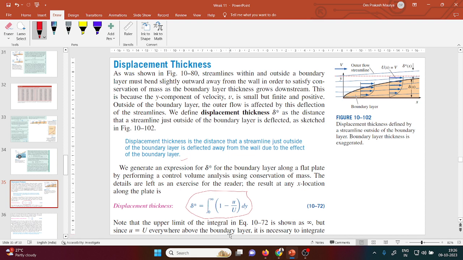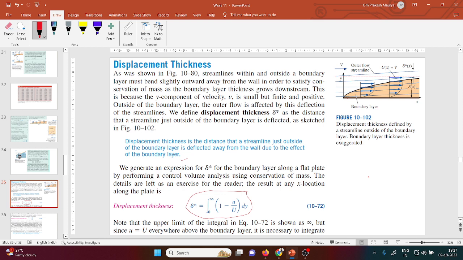Yes. This is very important, because sometimes people confuse the displacement thickness and the thickness of the boundary layer. The thickness of the boundary layer is the original thickness of the boundary layer. It is a function of x. It depends on x. From here the thickness is different, here it is different, here it is different.